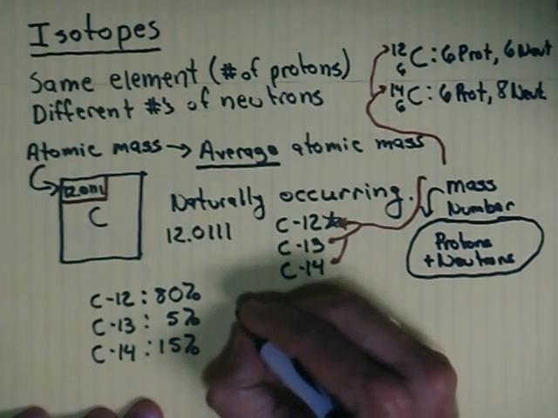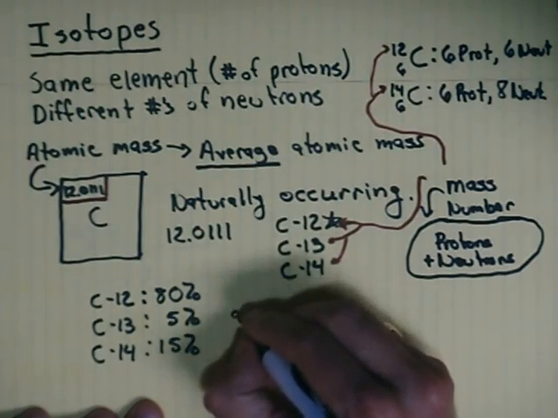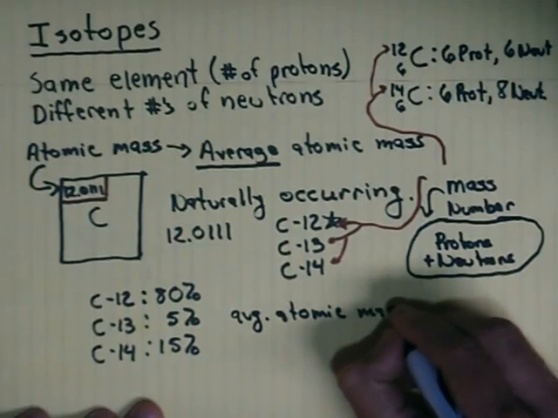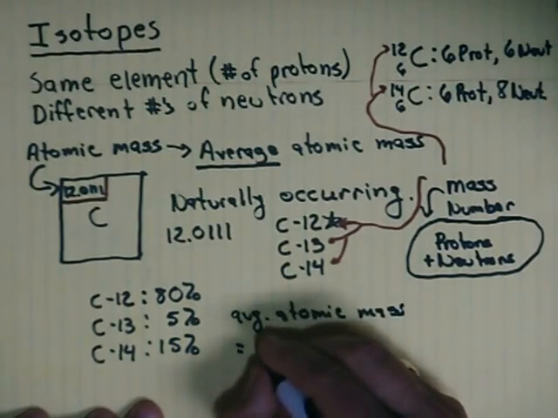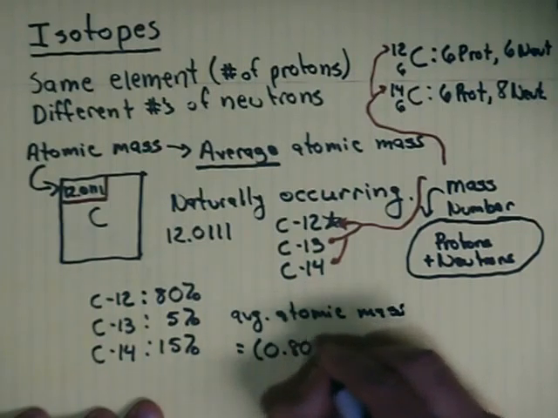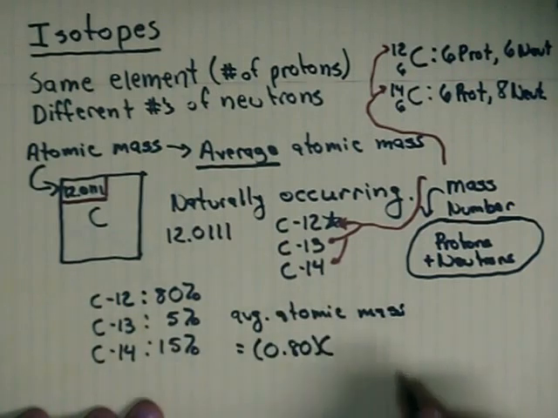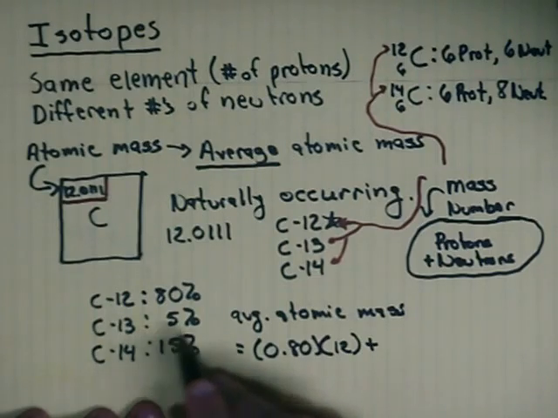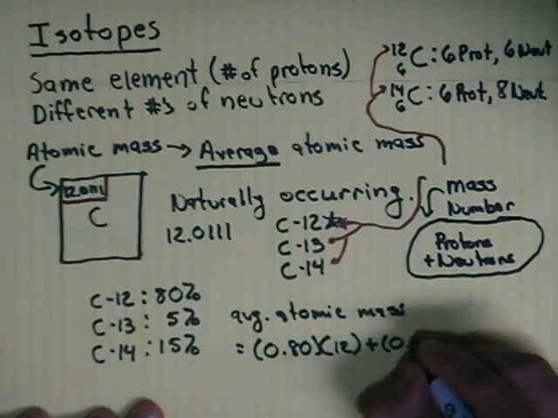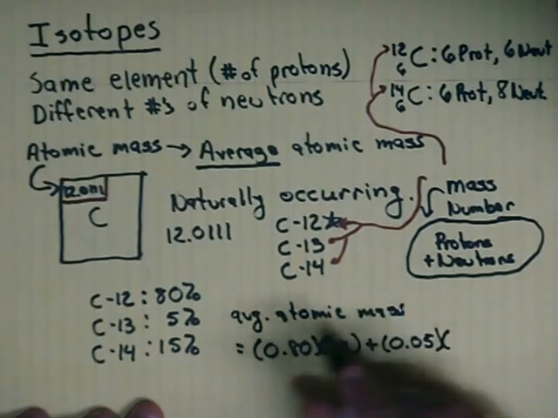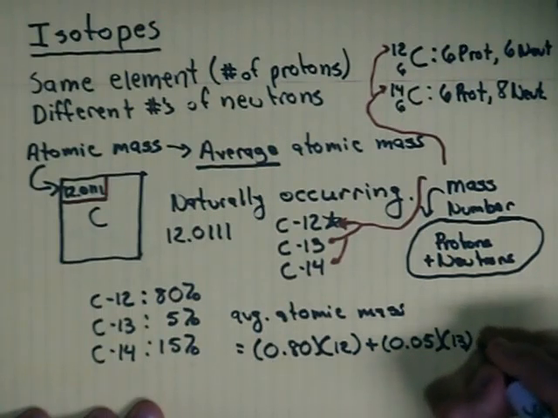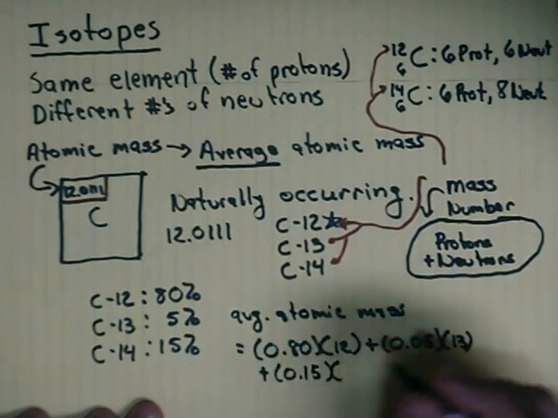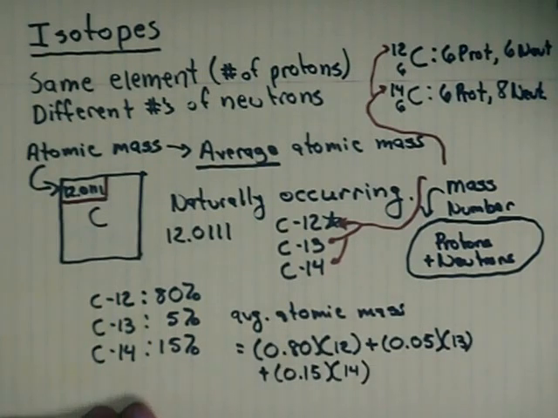So I'll write it this way: average atomic mass is equal to 0.80 times the mass number, which is 12, plus 0.05 times the mass number, which is 13, plus 0.15 times that mass number, which is 14.